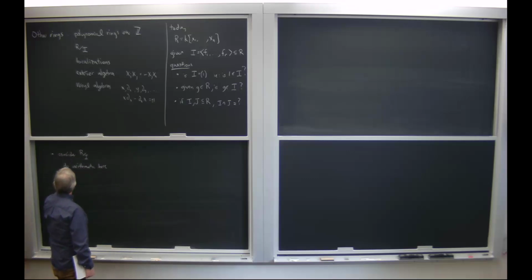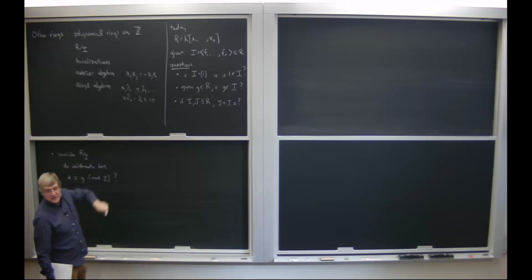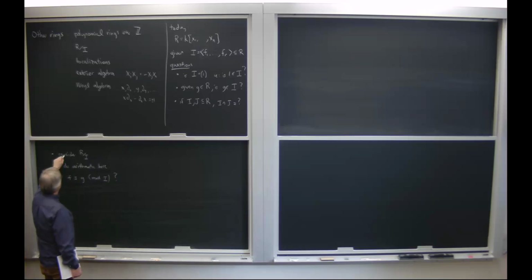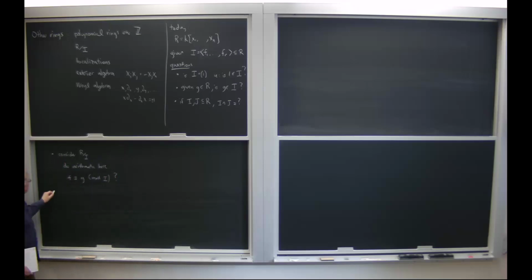But the question is, is F congruent to G mod I? Well, that's exactly the same question as that. So we would like to do arithmetic in that, and this is the first thing that Gröbner bases give us.